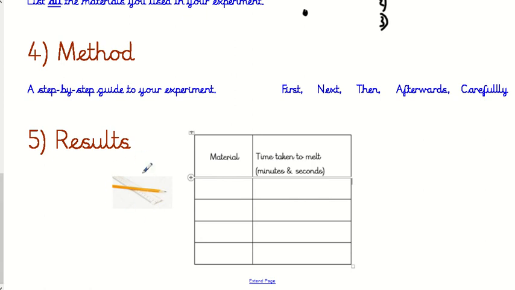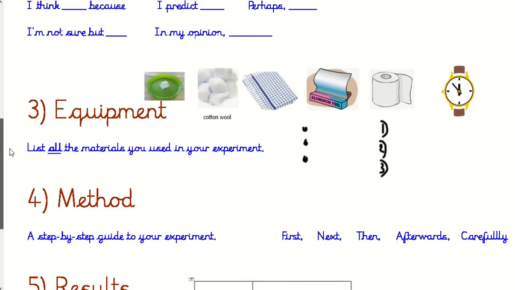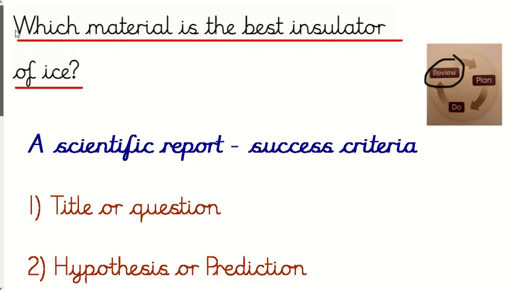Now today we're being determined to do our very best, so I am going to expect to see that you've used a pencil and a ruler to draw your results table and that you've written very neatly your results into that table, checking that they are accurate. And there you have it, children, your 5 steps to success.